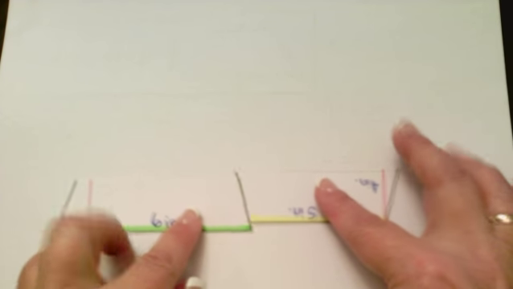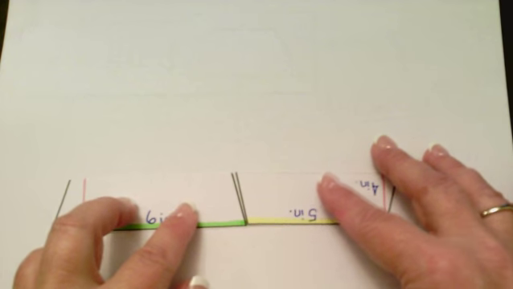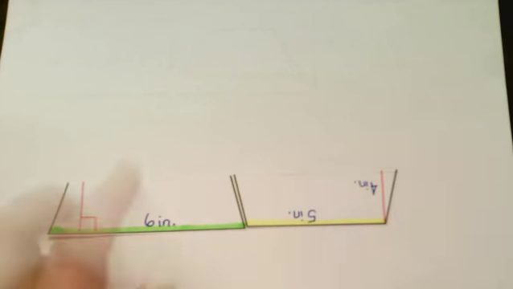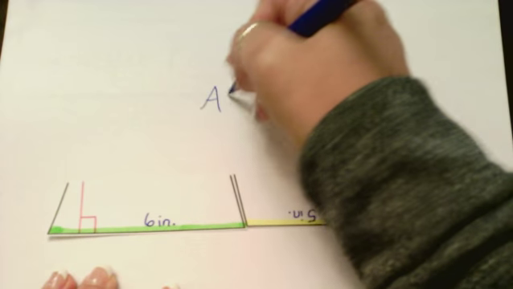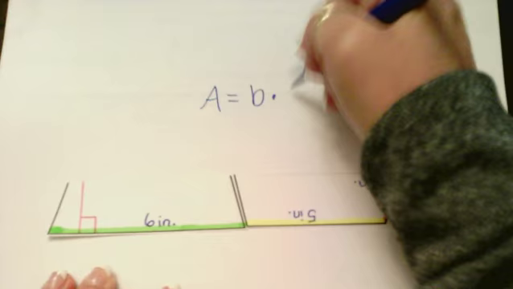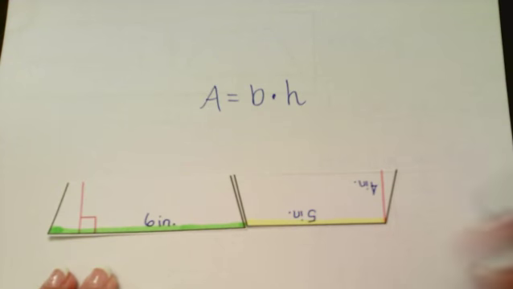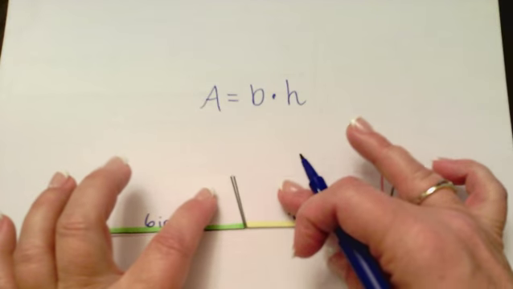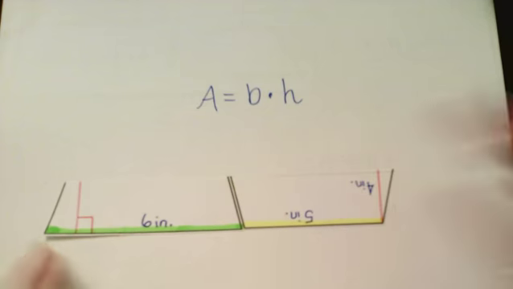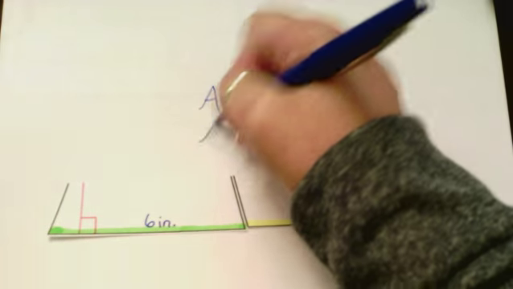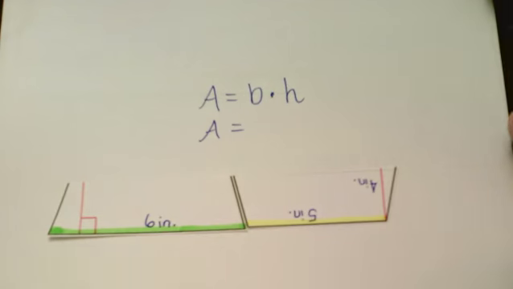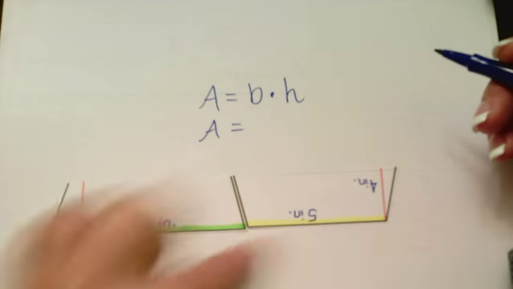And when I slide these both together, we can see the shape of a parallelogram. So if you remember, the area formula for a parallelogram is just the base times the height. So our base now, when I flipped this upside down, is 6 plus 5 more inches. And that's why in the trapezoid formula we're adding the base 1 plus the base 2.